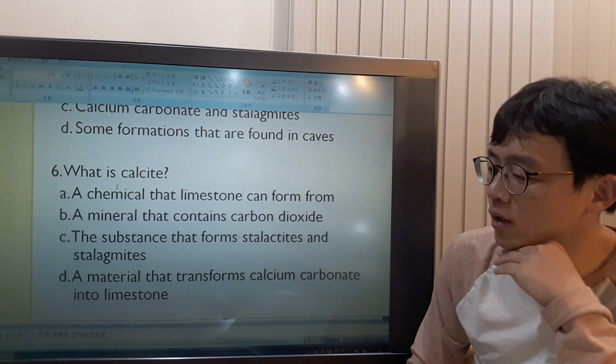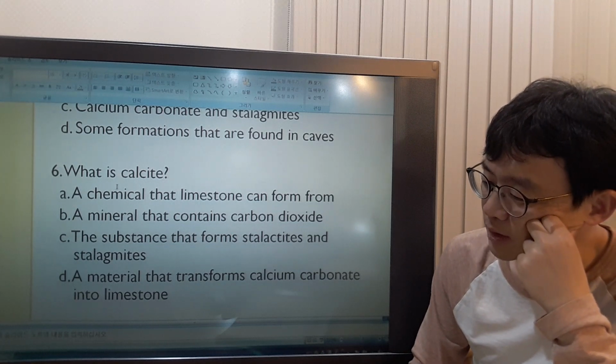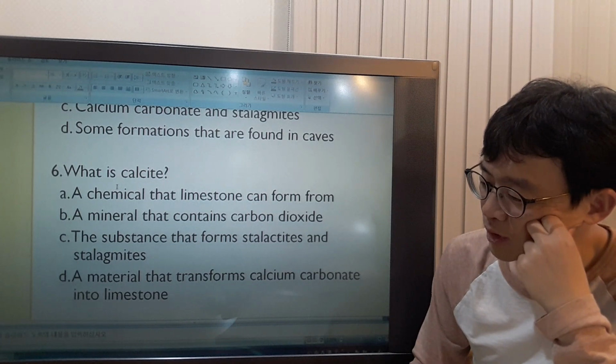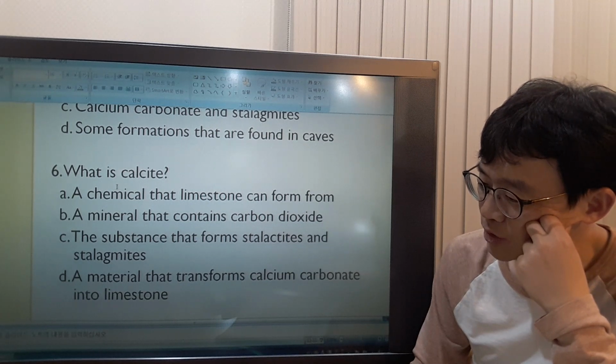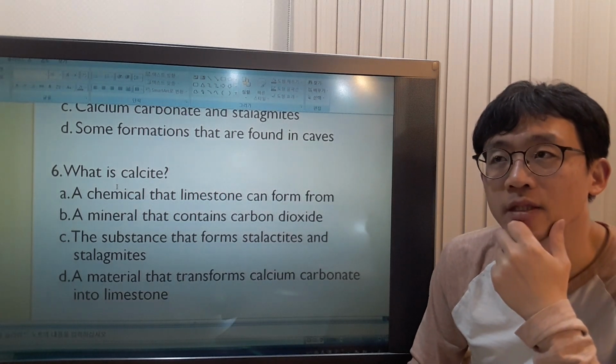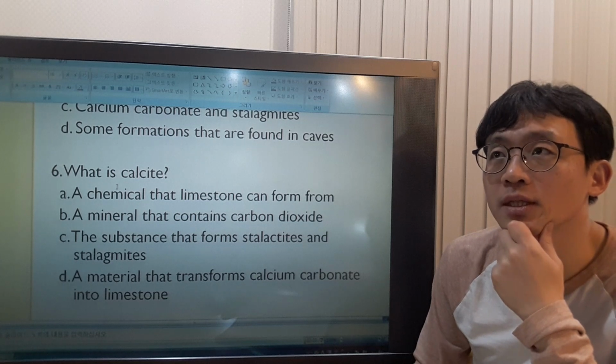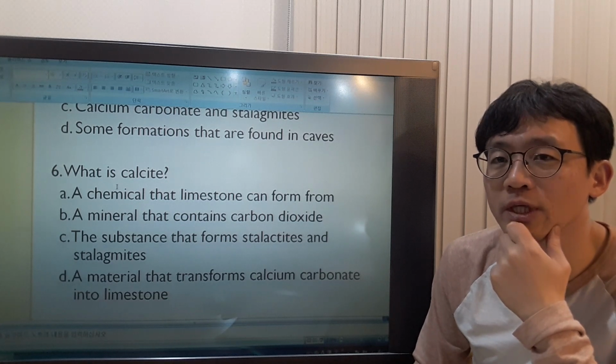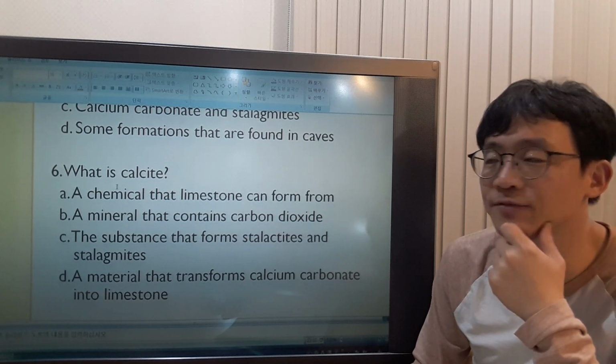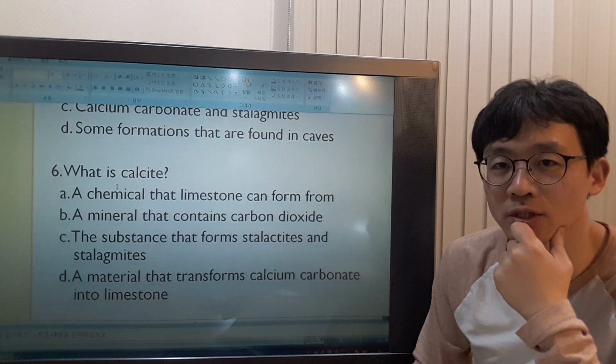Anyhow, when you are picking the answers, you have to note that all the questions in TOEFL, you can answer with only the information in the passage. You don't have to know the background information to answer these questions.